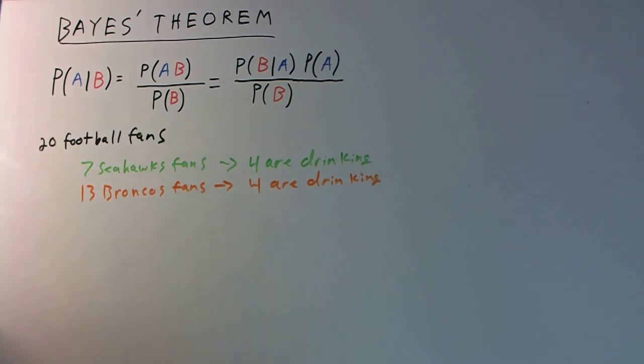So we're asked to find the probability, or actually, you know what, let me take a step back. A Seahawks fan is randomly selected, right? What is the probability that that fan is drinking beer? So the probability that a fan is drinking beer, given the fact that he's a Seahawks fan, right? So let's write that out.